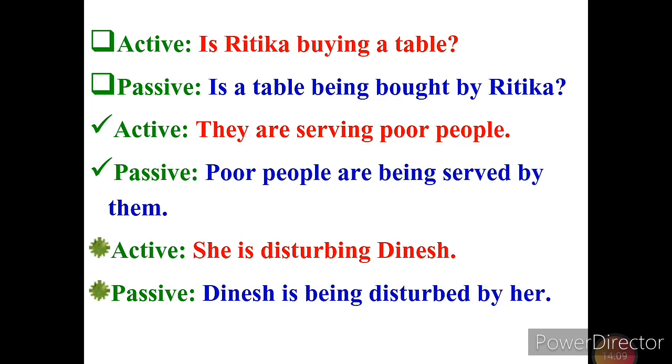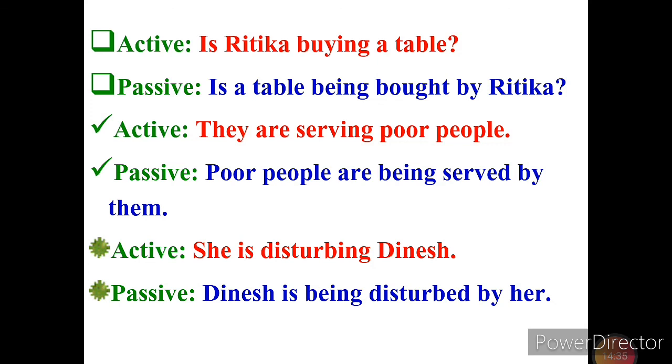One more example. She is disturbing Dinesh. She third person singular. So auxiliary is, disturbing is ing form, Dinesh object. When we see in passive form, Dinesh, object, changes to subject, is being auxiliary is used.